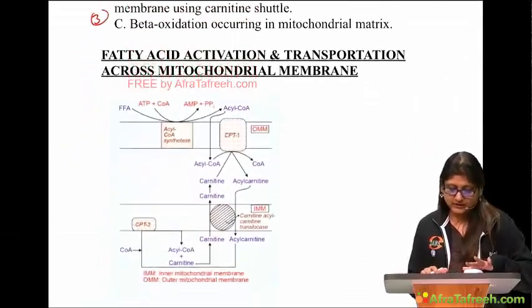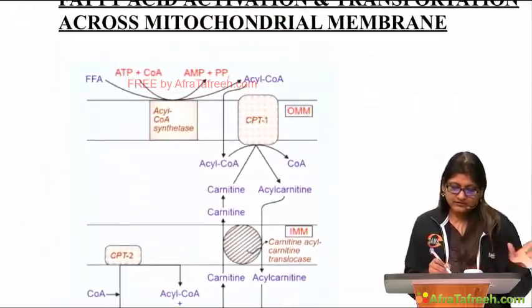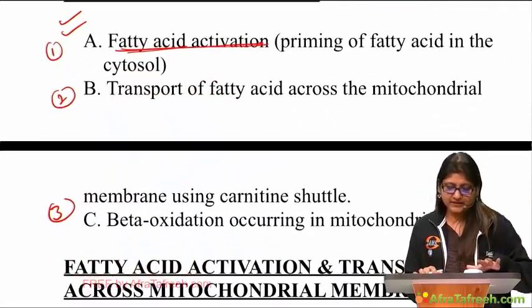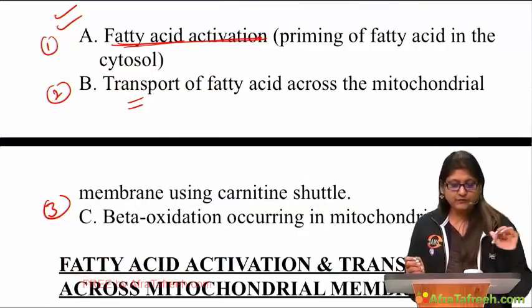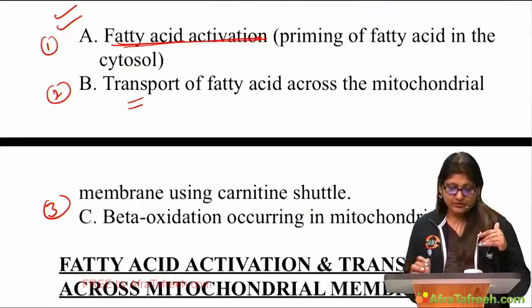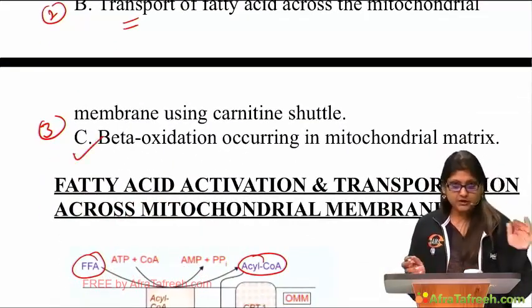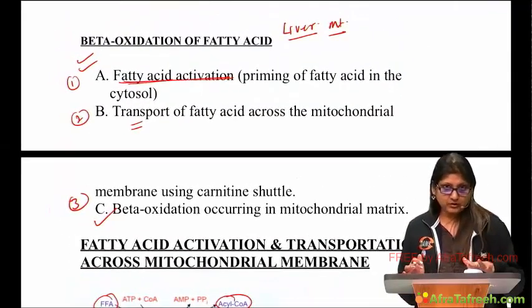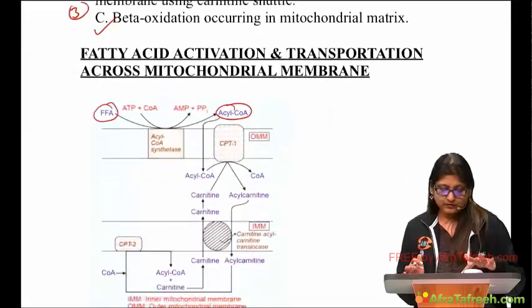This is called activation of fatty acid. After that, transportation of fatty acid across the mitochondrial membrane, and the actual beta oxidation which is happening in the mitochondrial matrix. So 3 stages you have in beta oxidation of fatty acid.